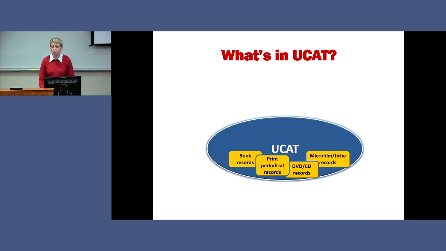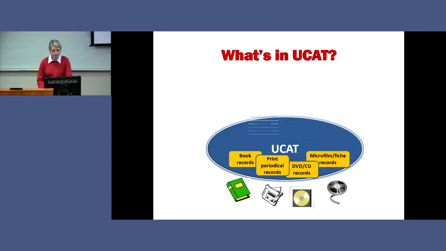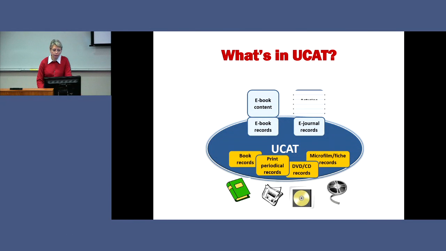You cannot use UCAT to look for articles because it doesn't support that. You can link to ebook content by using that internet access link. And you can also look up e-journals by title and link to the articles.